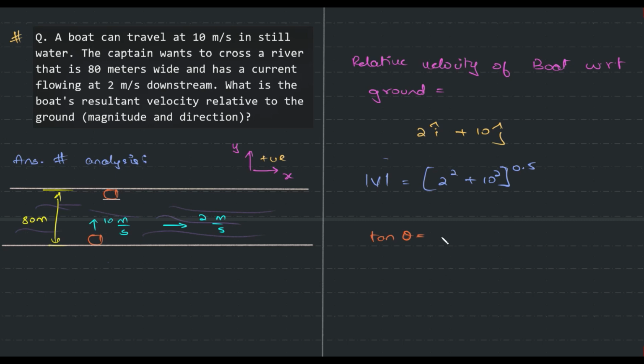So this is your 10 meter per second, this is 2 meter per second, and this is your resulting velocity. If this is theta, the opposite is 2 by 10. So theta is equal to tan inverse of 1 by 5.